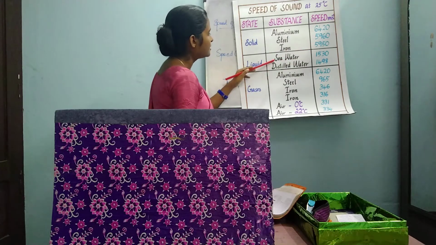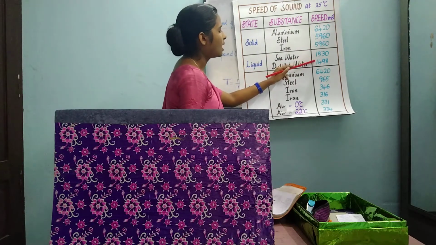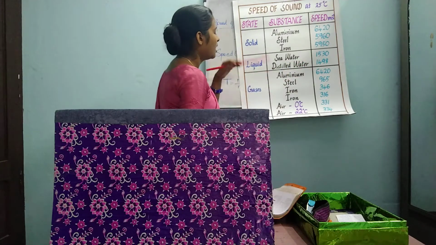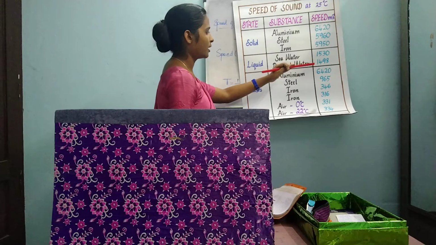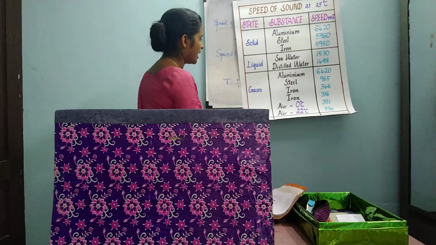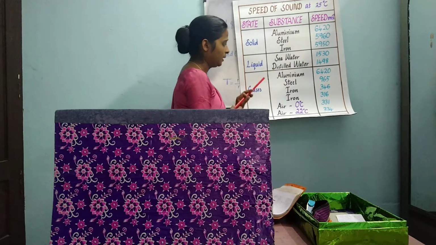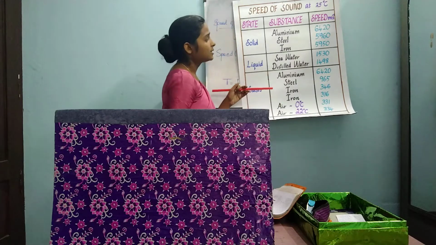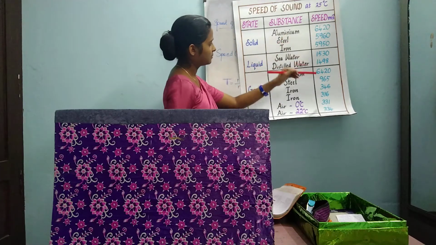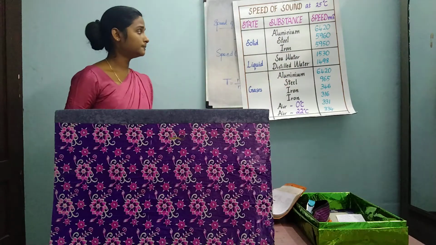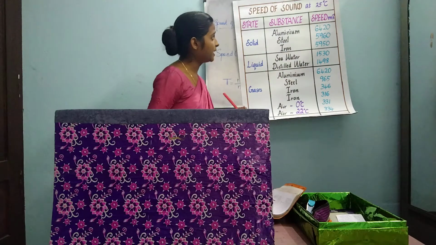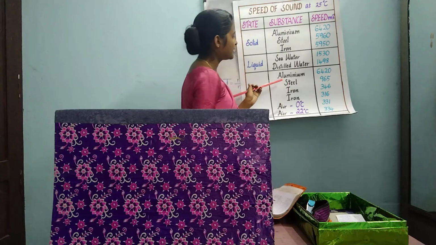In water, in sea water the speed is 1530, and in distilled water 1498. In gas, aluminium 6420, the same.